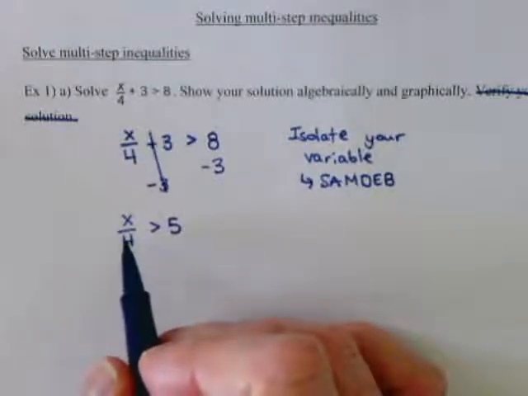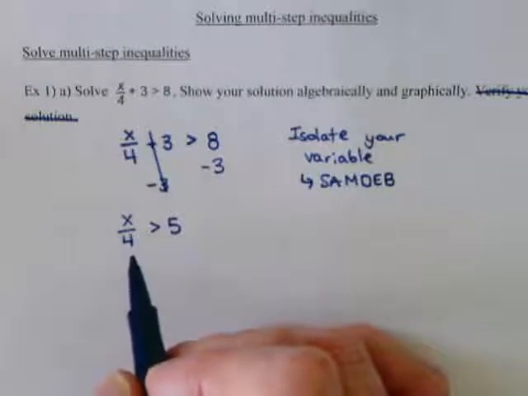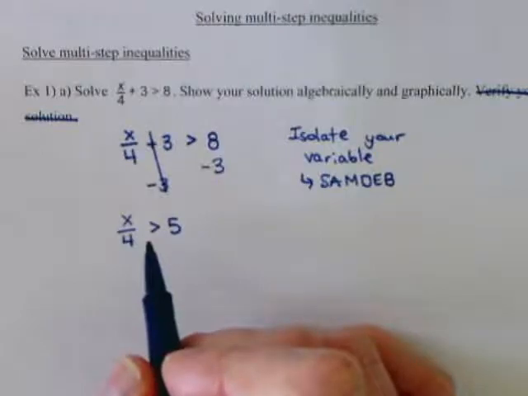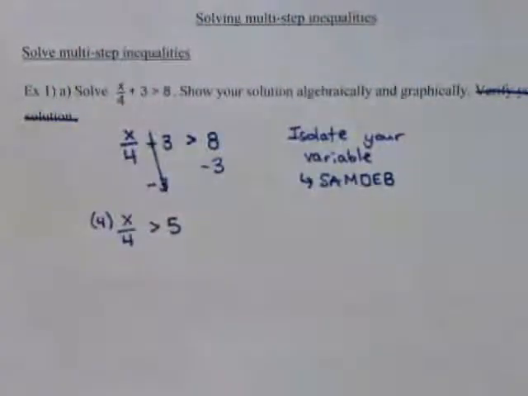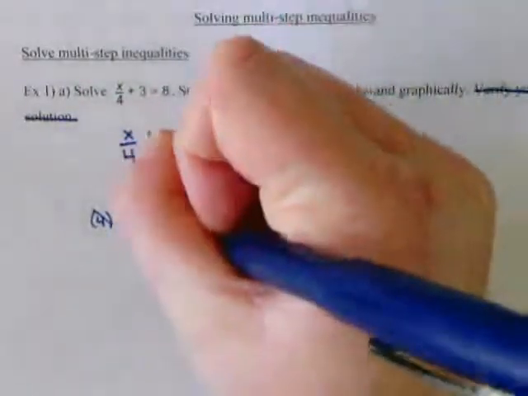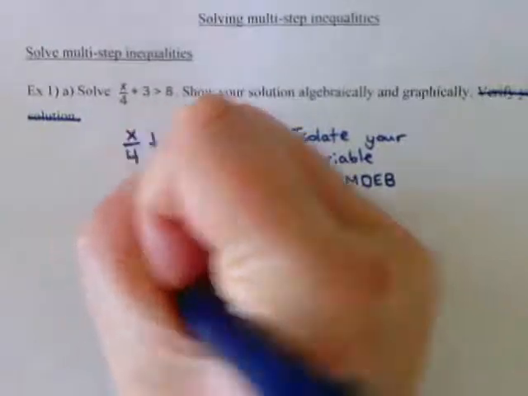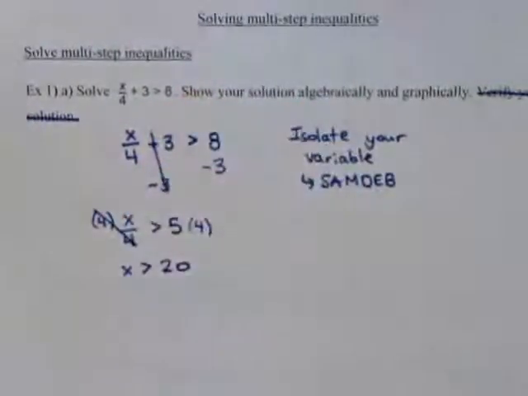Reminder, we're not multiplying by a negative number, therefore our inequality symbol will remain the same. So x times 4 will give this a value of 1. And what we do to one side of the inequality, we must do to the other side. So we times the 5 by 4 as well. Therefore, x is greater than 20.